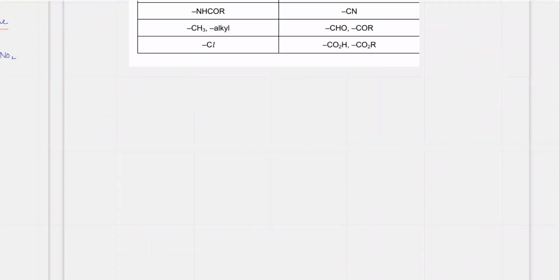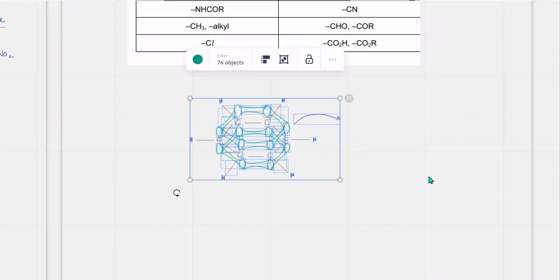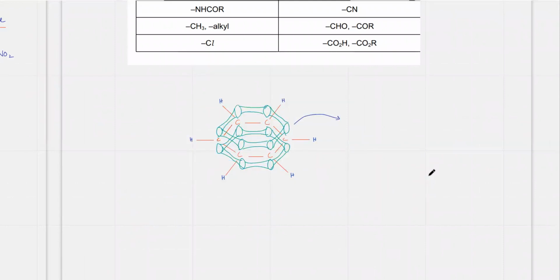Okay, so if it's just a benzene molecule, then all the electron cloud is distributed evenly. It's a symmetrical molecule, everything is identical, and the electrophile would get attached to any of the carbon atoms.